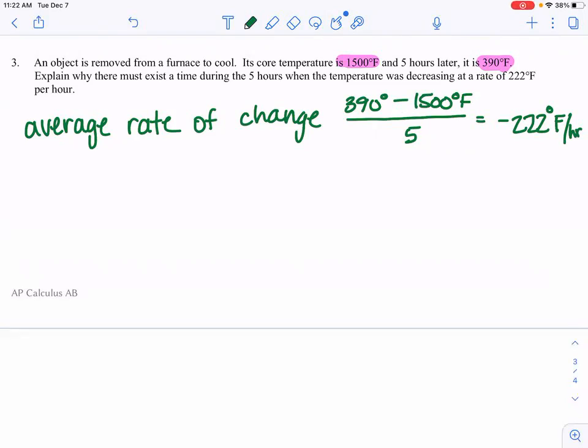Okay, well, what do we know about a function that deals with temperature? Okay.